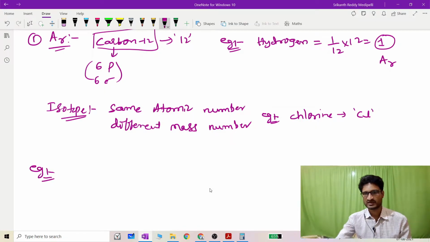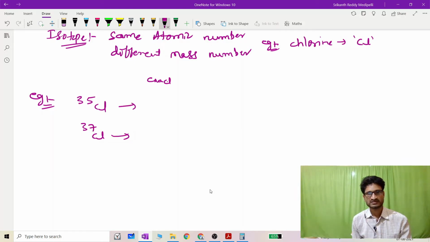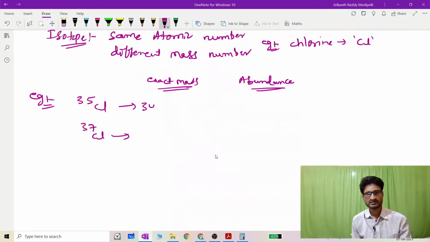So let's take the example of chlorine. Before that, we need to write the two isotopes, right? We have chlorine 35 and chlorine 37. So we need to write the exact mass, and we'll write the abundance here. So we have 34.9689.